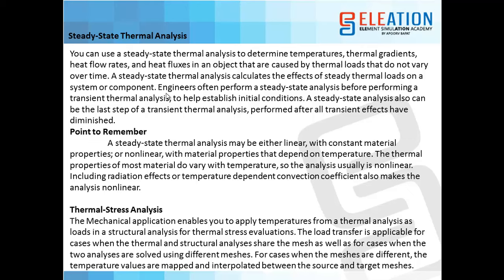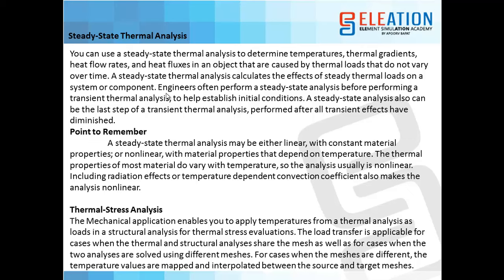For cases when the meshes are different, the temperature values are mapped and interpolated between the source and target mesh. So when we have two components and the temperature is traveling from one component to another, if the mesh where the two components are in contact is changing, the software calculates how these temperatures should travel, how much dissipation is there.